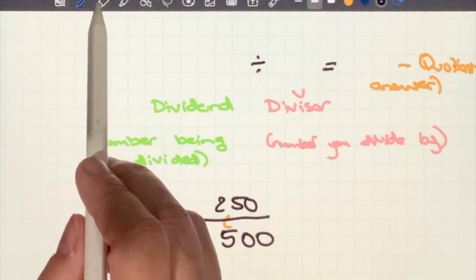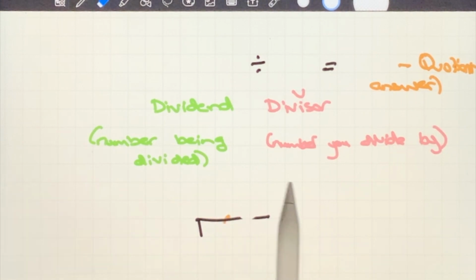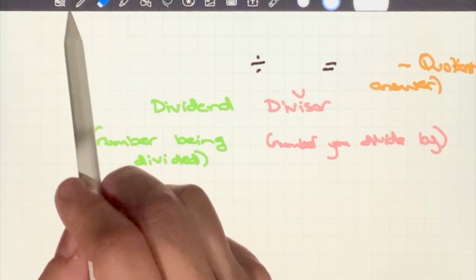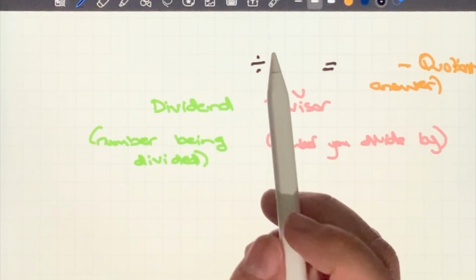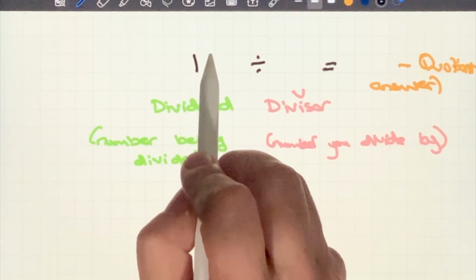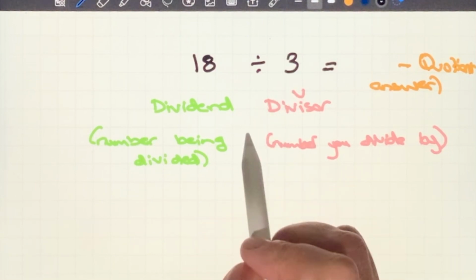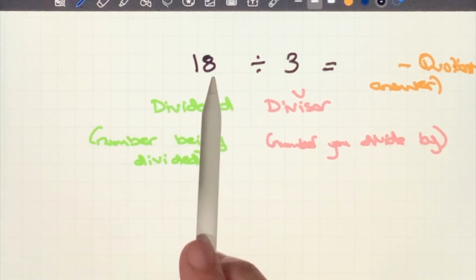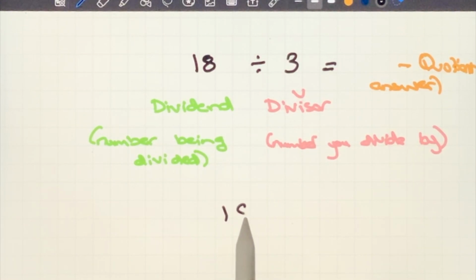So I'm going to take you through another example just to go over where the numbers need to go. So let's set up another example. If we have 18 divided by 3. So 18 is my dividend. It goes in here.